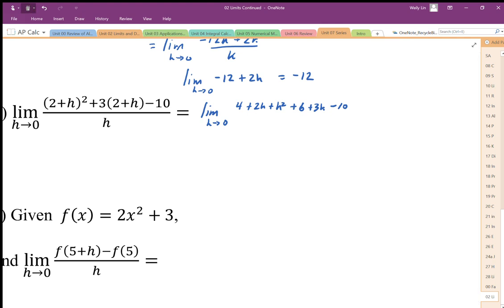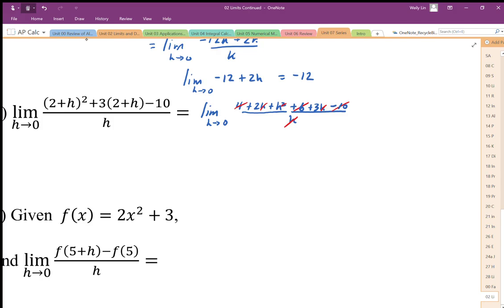I was going to put that all over h. I'm going to get rid of some terms here. So the plus 4 and plus 6 and minus 10 cancel out. The h's are taken out by that divide by h.